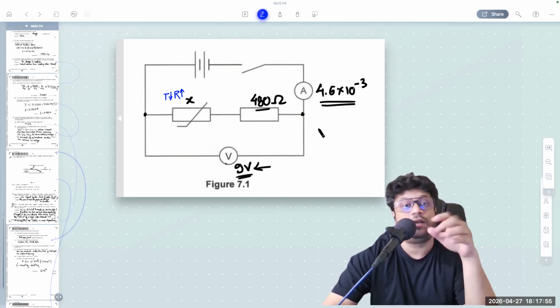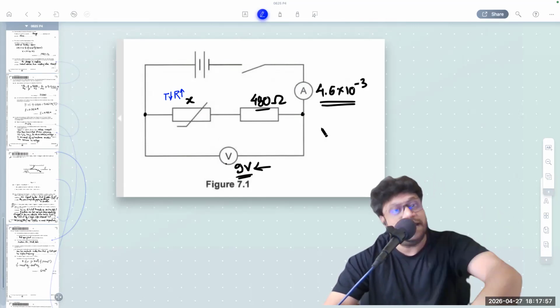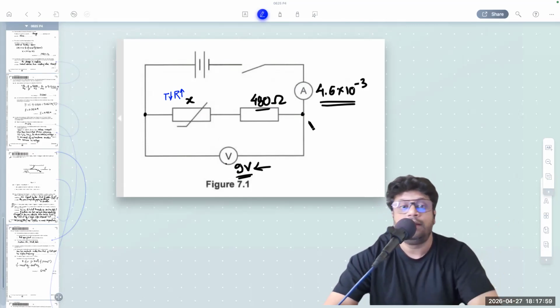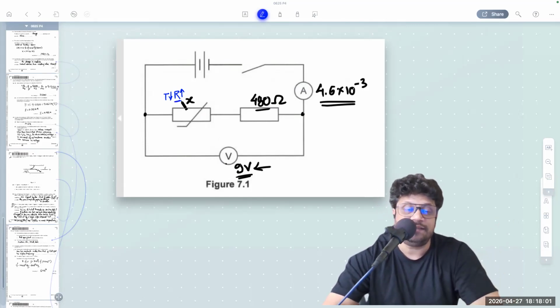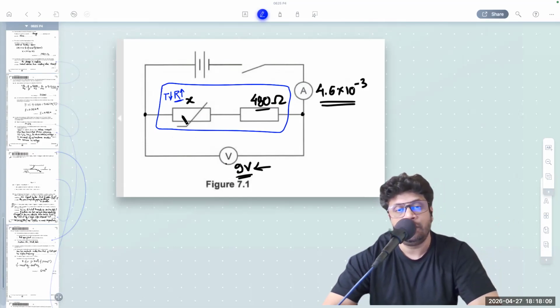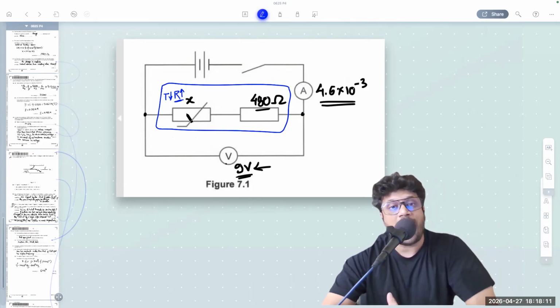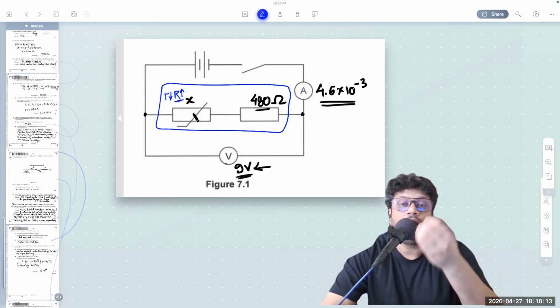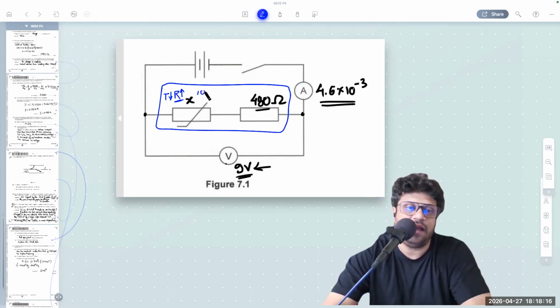Next they ask you, what is the effect of this temperature change on the reading of the ammeter and the voltmeter? See, if the resistance of this thing has increased, of course, with these two in series with each other, you are looking at an increased overall resistance. Let's say it was 100, and now it's at 200 after the increase.